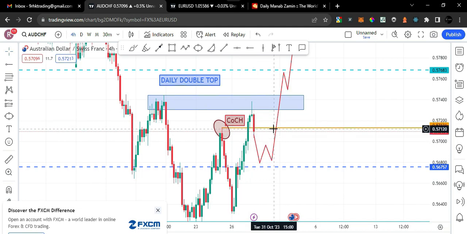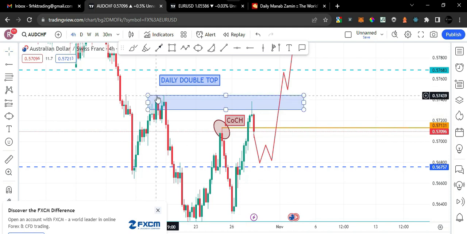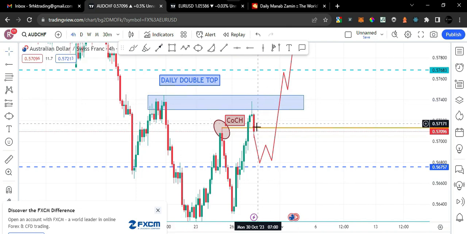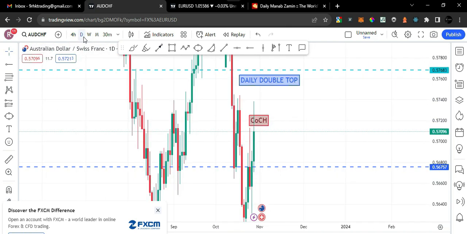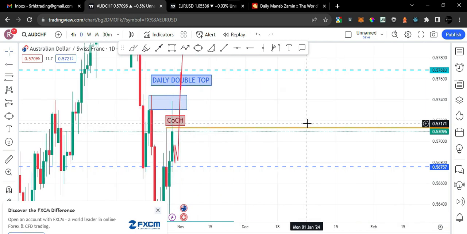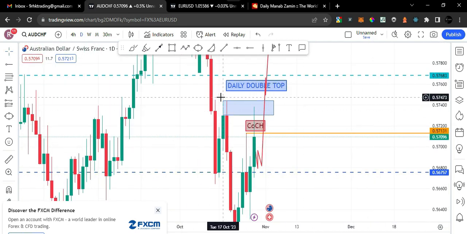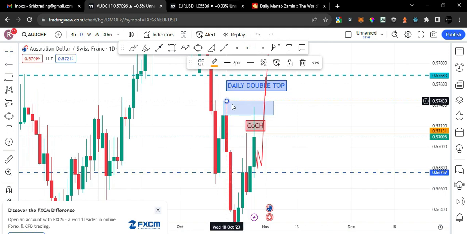Now if we see that the price is breaking this point, this is the point which is in day double top, from where it is retracing. If we go to day now, you can see that price failed to break this one. This is the thing, price failed.